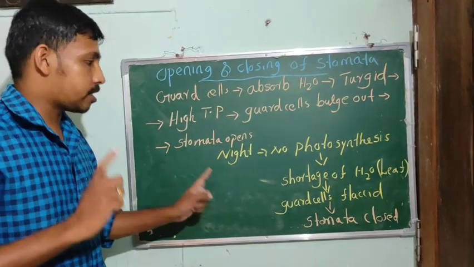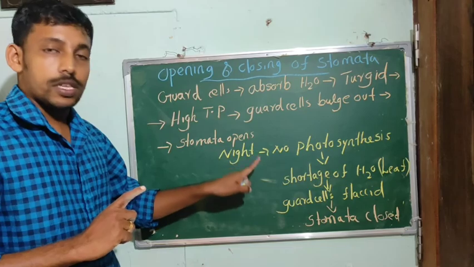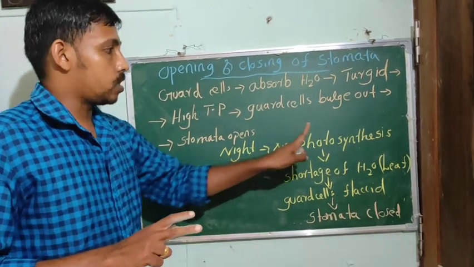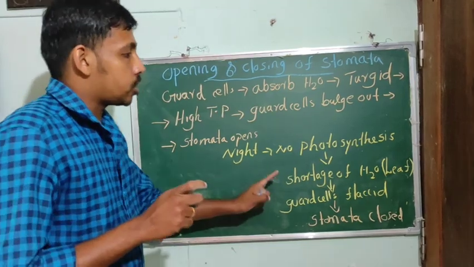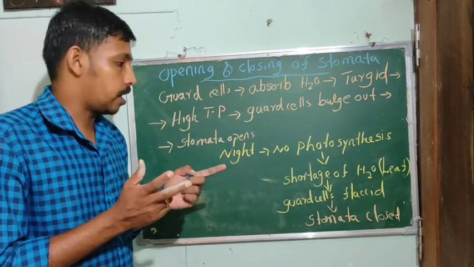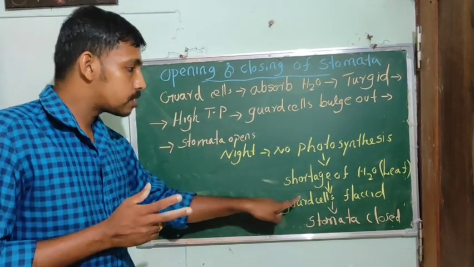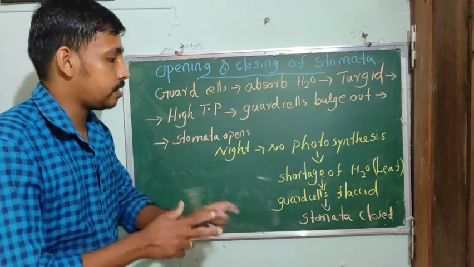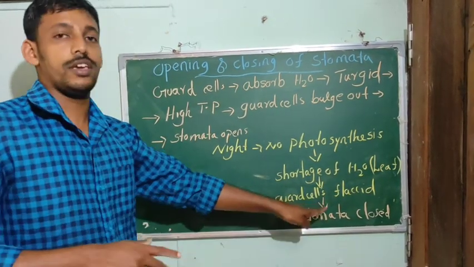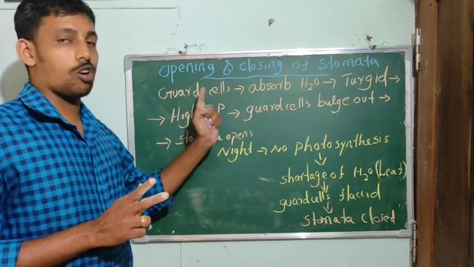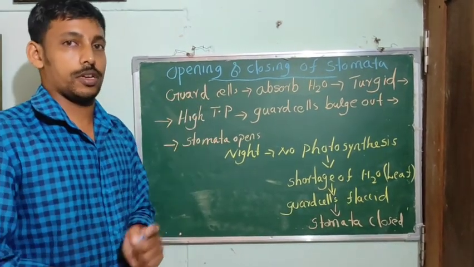At night there is no photosynthesis, so there is a shortage of water in the leaves. Because of that, the guard cells become flaccid and the stomata close. So the turgor pressure helps in the opening and closing of stomata.